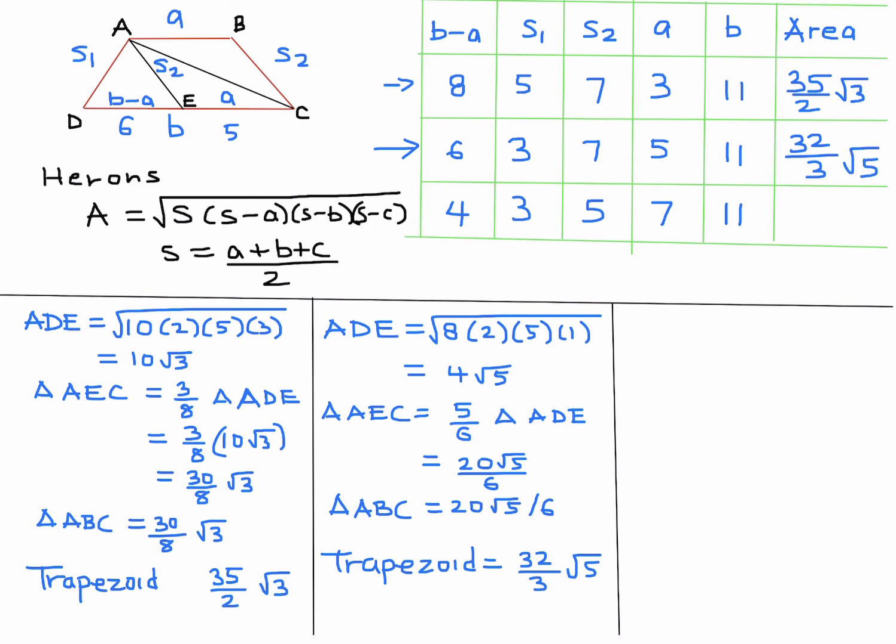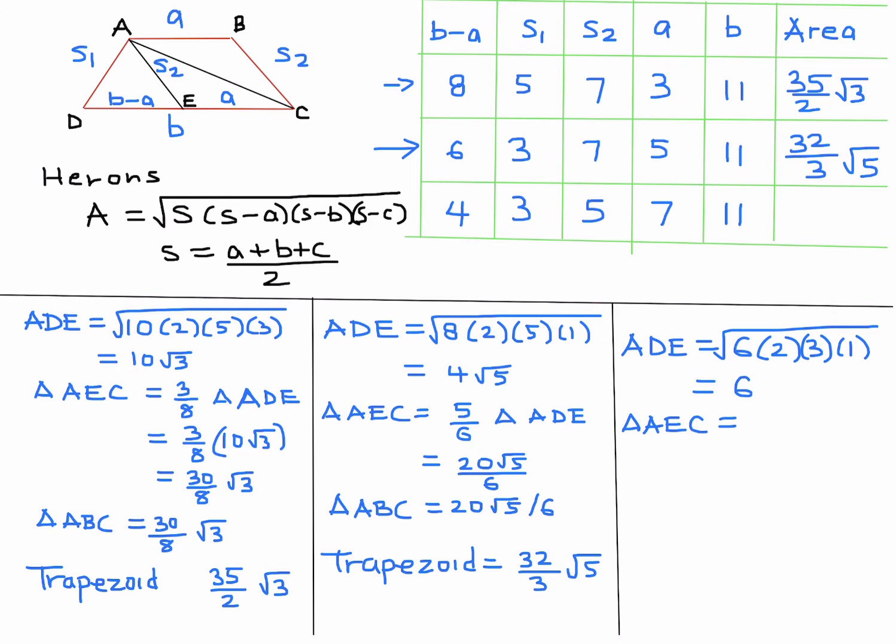And then the final one, same kind of story, ADE, using Heron's. You add these up, you get 12. 12 divided by 2, the semi-perimeter is 6. So you have 6 times 6 minus 4, 2, 6 minus 3, 3, 6 minus 5, 1. And that is actually just 6. No more radicals anymore. And then triangle AEC is going to be, this time, these are different numbers.